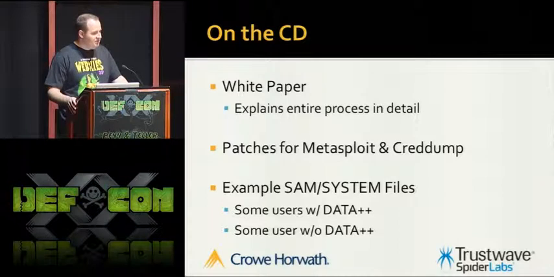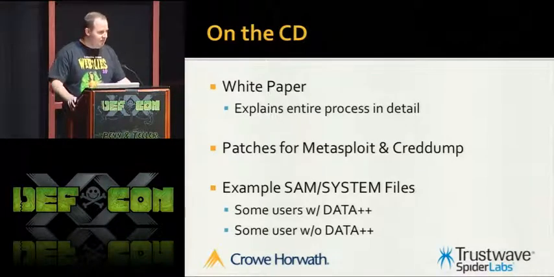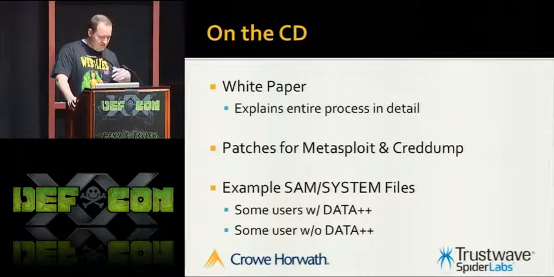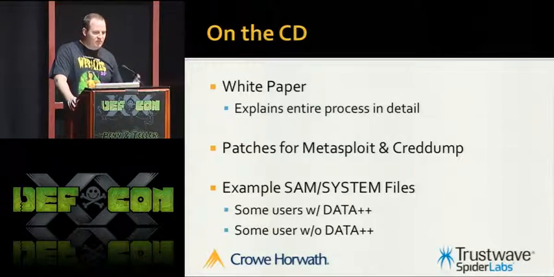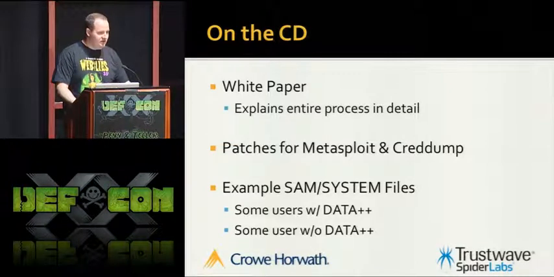We also have the patches for Metasploit and CredDump on the CD, so if you want to use that, you can. We've also provided an example sample system that has both a corrupted user and a bunch of non-corrupted users, so you can see the difference if you use the patches to extract the new passwords. So if you want to follow along with us or you want to play with those, they're there for you.